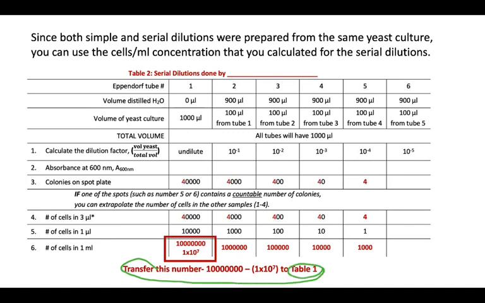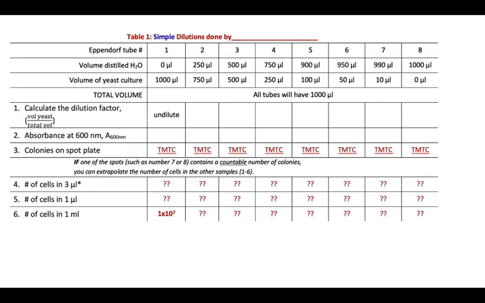Now we're going to transfer this number to table 1. So we're now on the simple dilution table. Remember, we couldn't determine the number of cells per mil because there were too many to count, but we've taken that number from our serial dilutions.